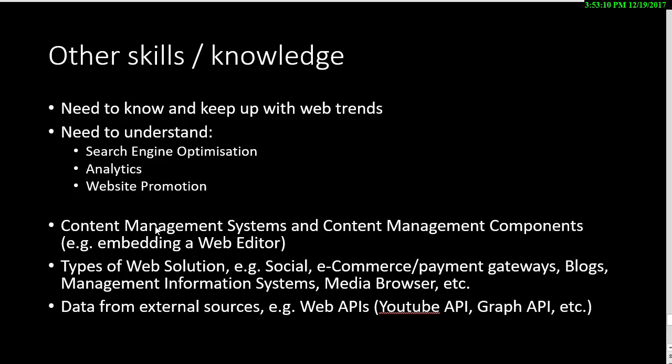For example, you have your social, e-commerce, blogs, and other types of system. So there are many things to learn, including getting data from external sources such as Graph API, YouTube API, Facebook, Google Maps, and so on.